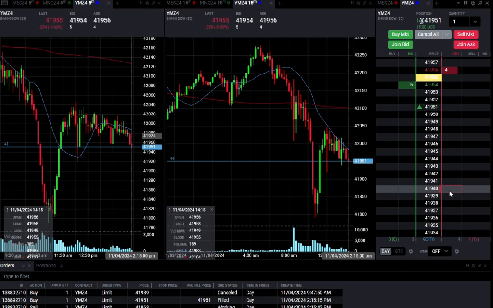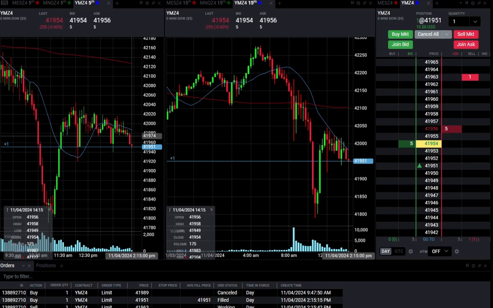Actually, it would be pretty good practice to place a stop as well, because it has been a while since I've traded on Tradovate. We got close there to my profit target. I think we printed 61. Come on.